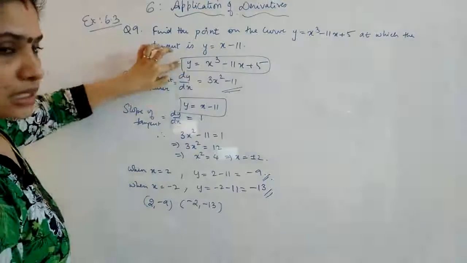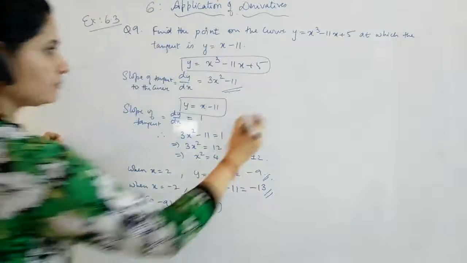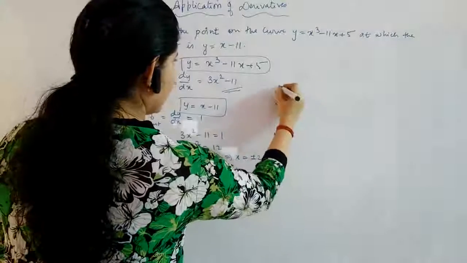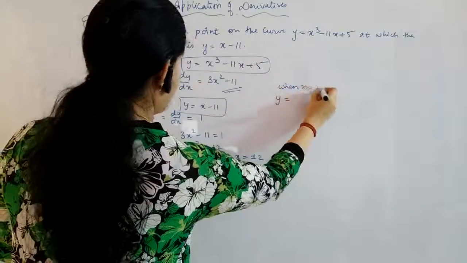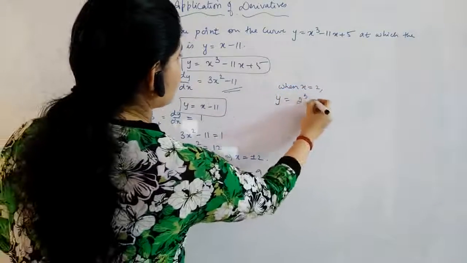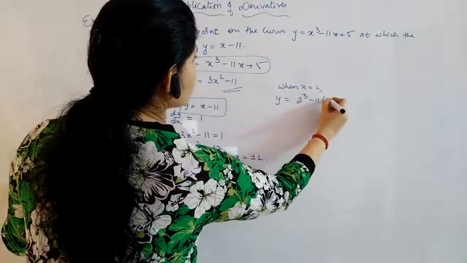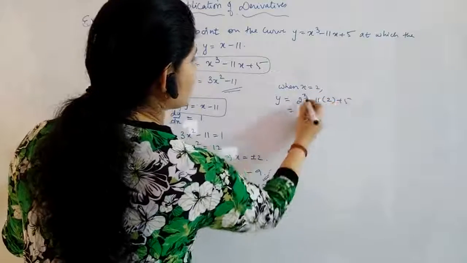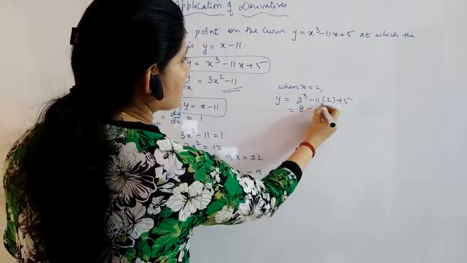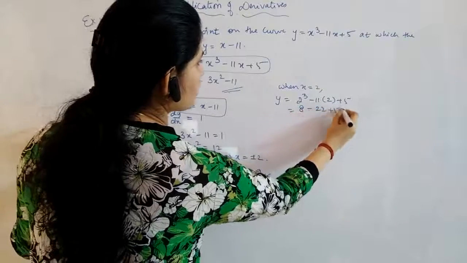Now you just check in the curve. What is y when x is equal to 2? 2 cube minus 11 into 2 plus 5 will give you 8 minus 22 plus 5.